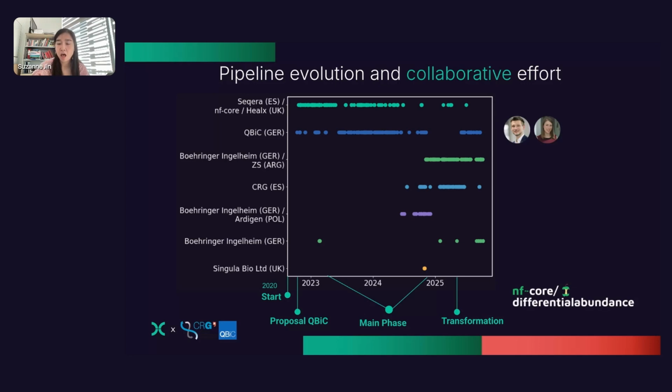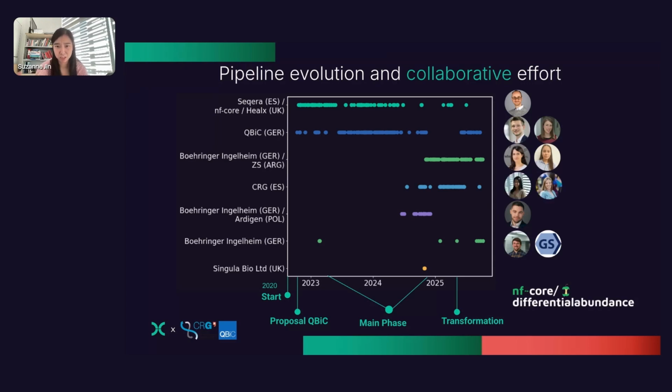This includes Jonathan Manning, and also the people from BI who have been progressively adding alternative tools to the pipeline. And here we are from CRG, who eventually wanted to introduce this idea about the hub pipeline. So a lot of effort was put together, and all this shaped this pipeline to get closer and closer to this vision of hub pipeline.